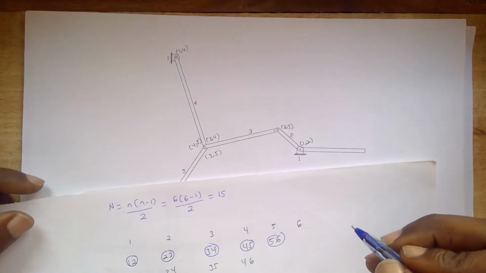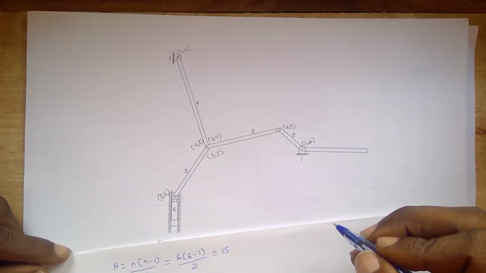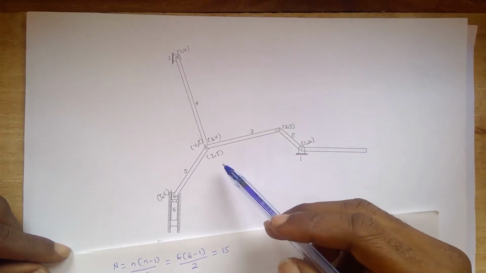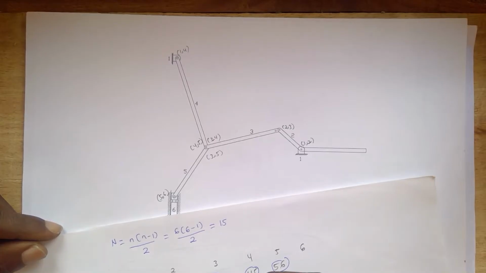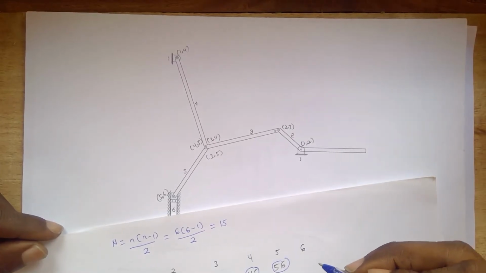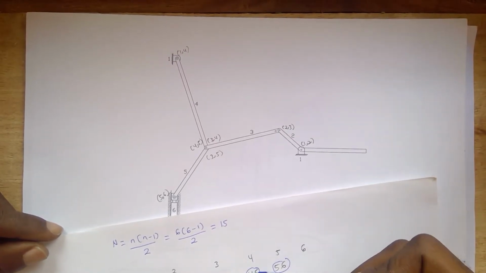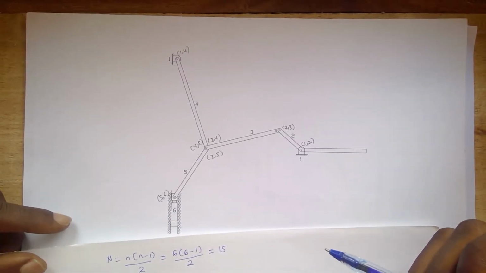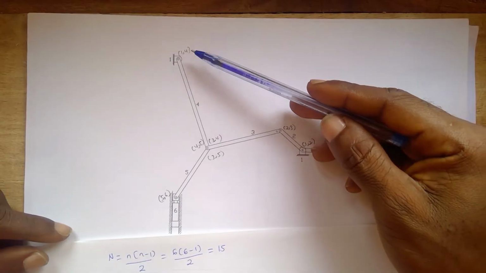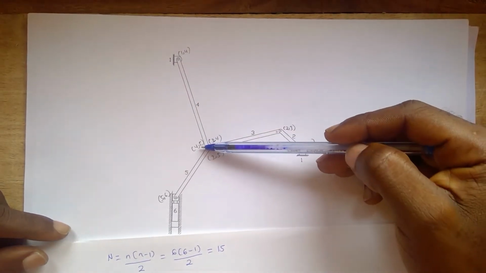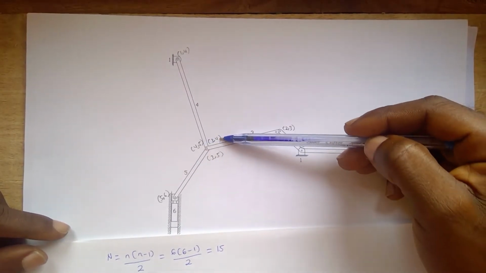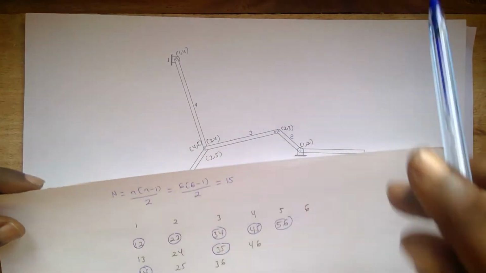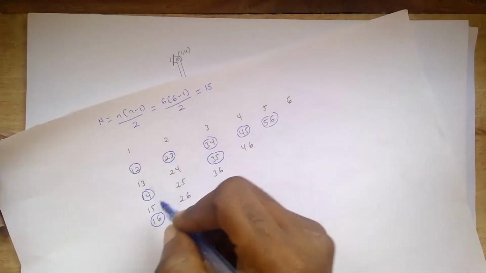We know 3,5. And then I think that's all: 1, 2, 3, 4, 5, 6, 7. Let me see, there might be one more. 1,4; 4,5; 3,4. Yeah, I think that's 1,6. Let me circle 1,6.